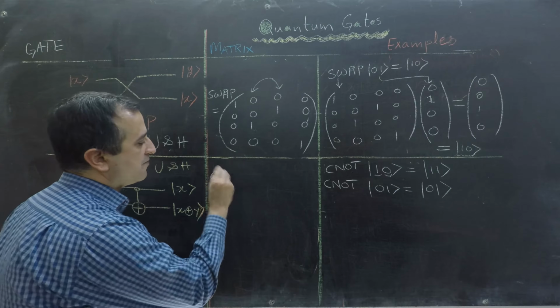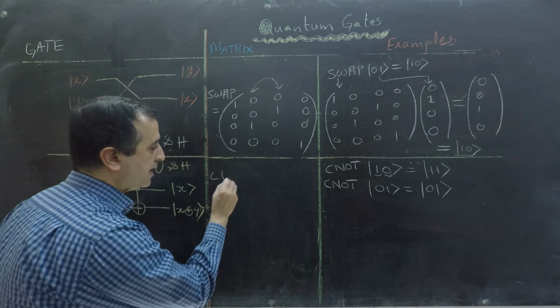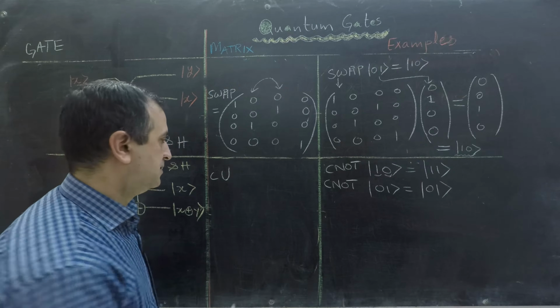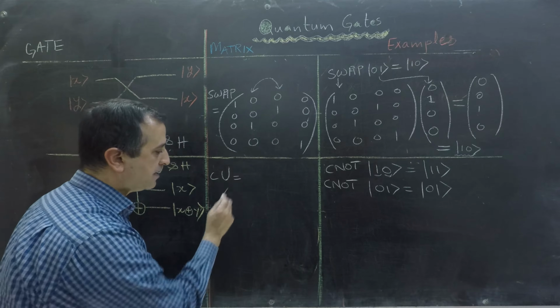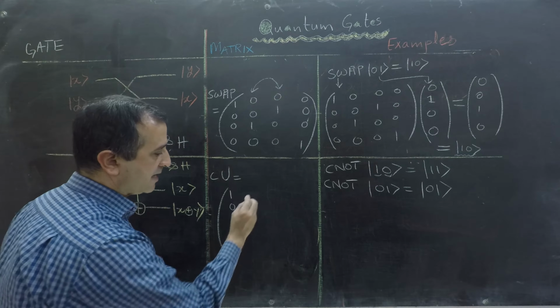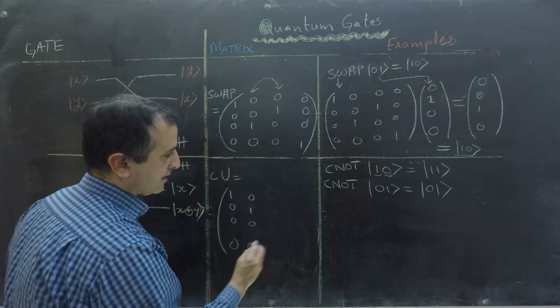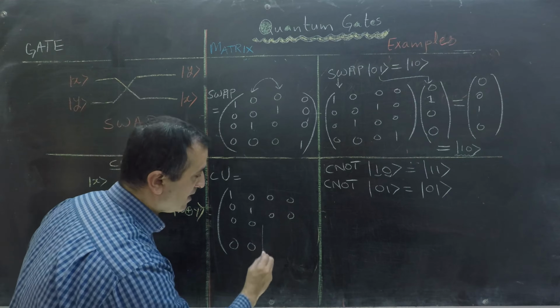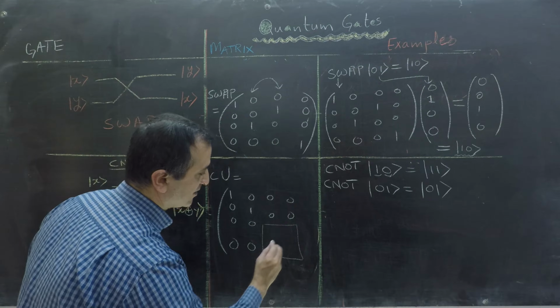So let's say I want to make a control U gate, where U is a single qubit gate. Then my matrix will be such that the first two rows will be of the identity matrix, and here I will have 4 zeros, and then here I will have my matrix U.